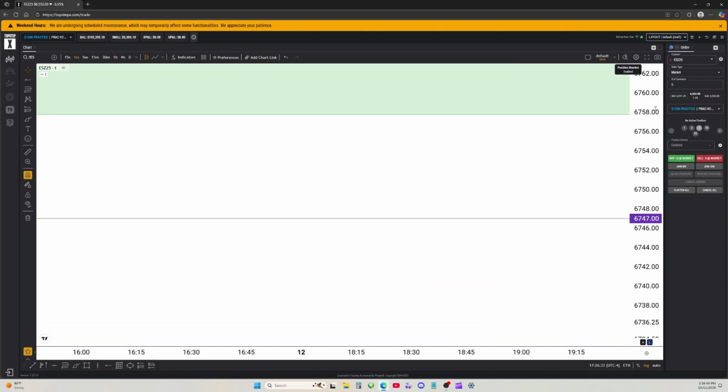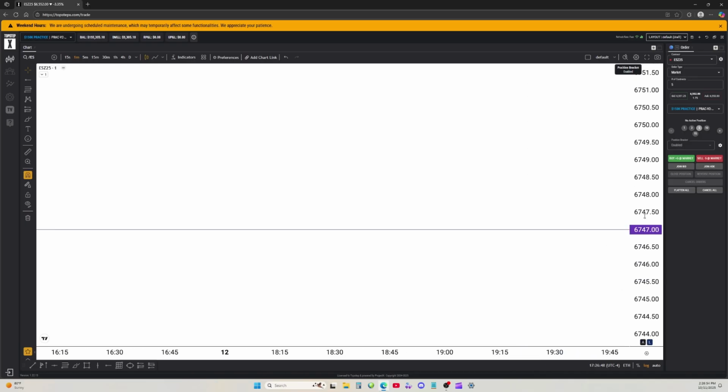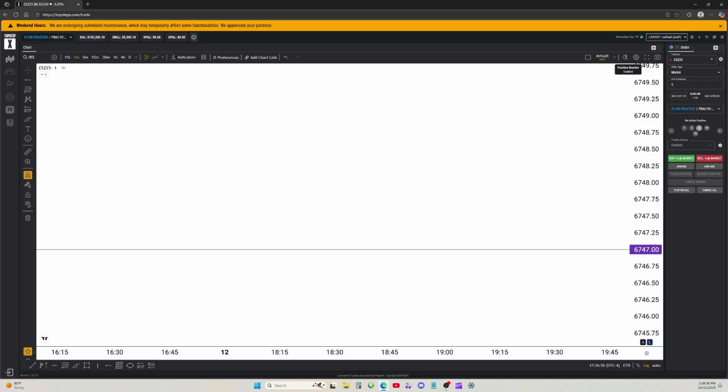Look, this is a point. Okay, 48 to 49 to 50. So each increment of 1 is a point. Also, each 0.25, 0.50, 0.75, that's a tick. Okay, so that's what you got to learn.